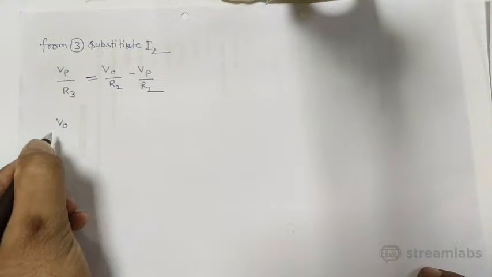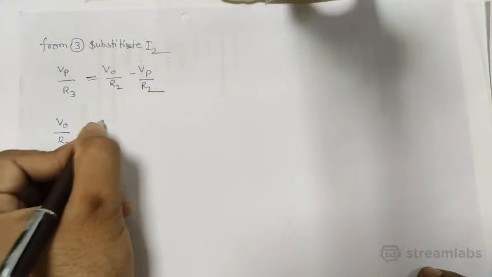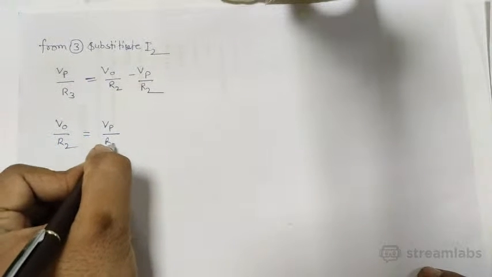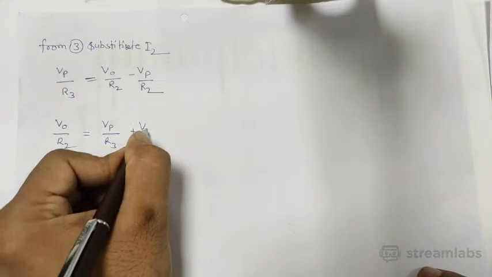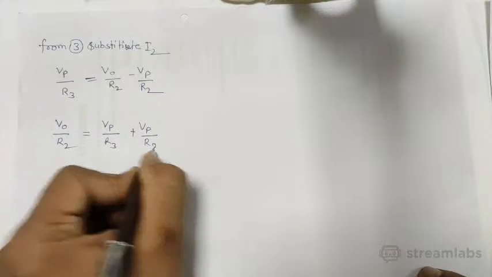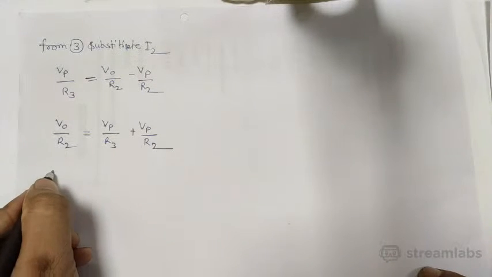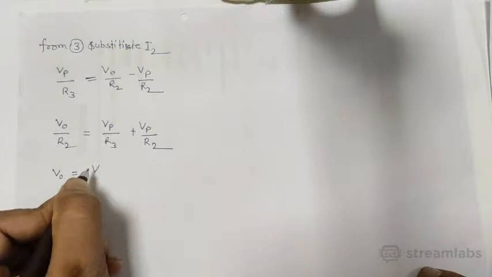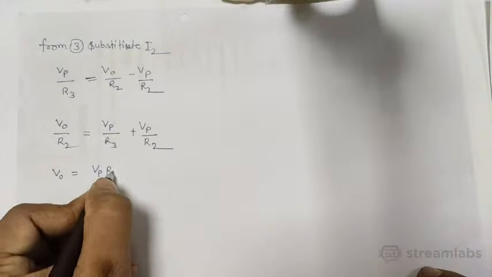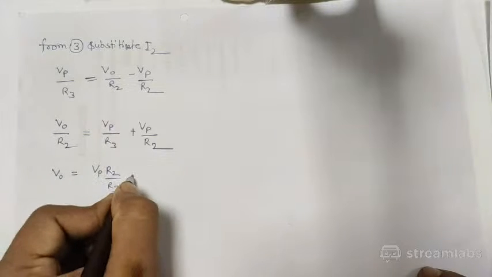So V0 upon R2 is equal to Vp upon R3 plus Vp upon R2, और V0 इक्वल टू लिख सकते हैं Vp R2 by R3 plus Vp.